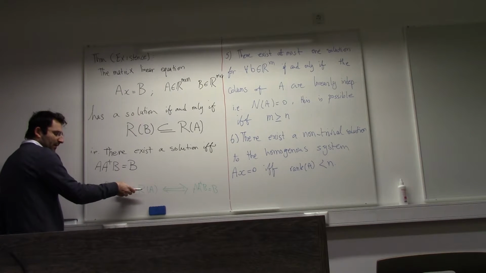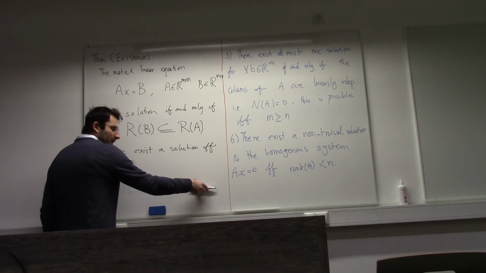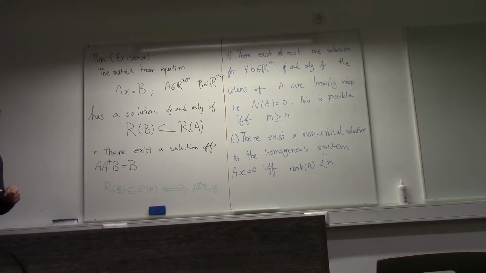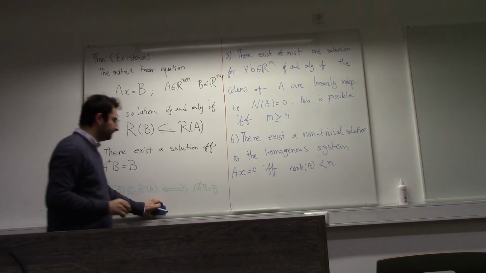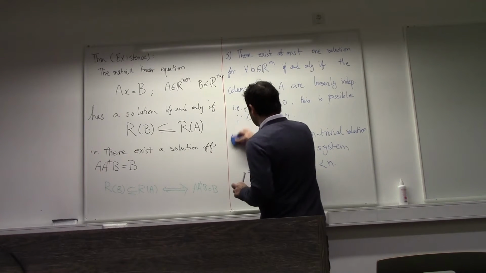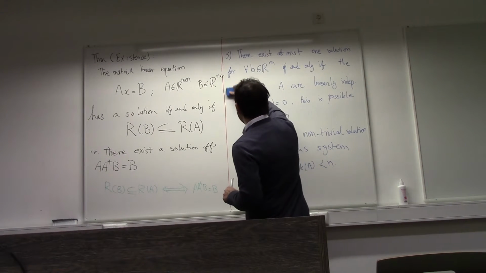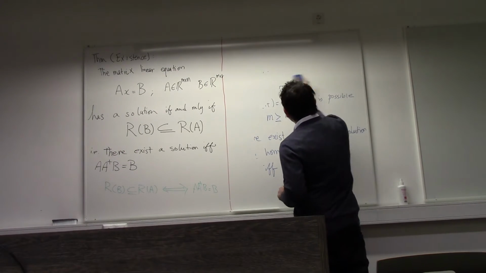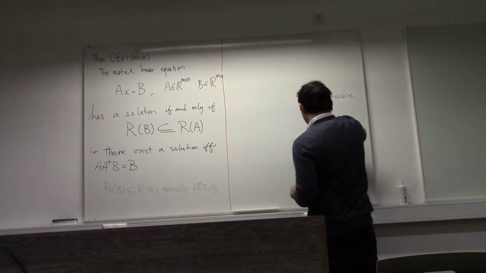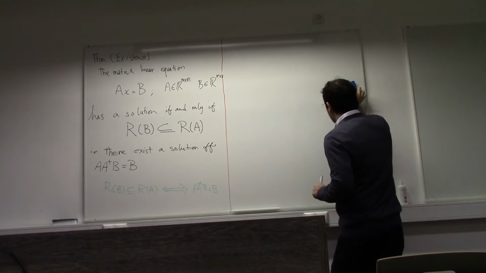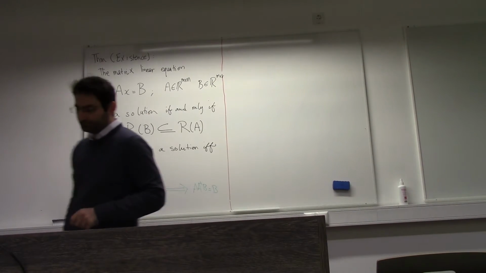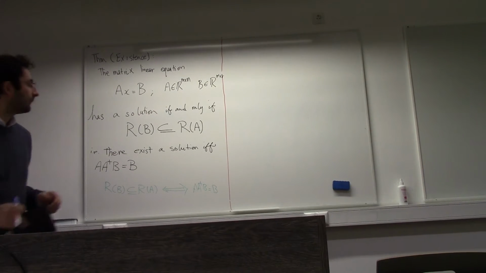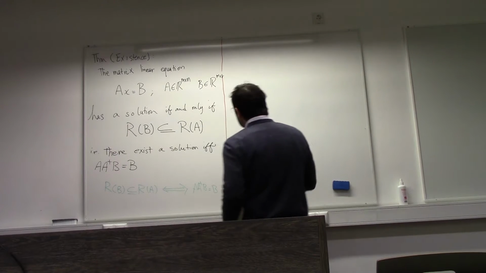First, you take this as true and prove this one, and then you take this as true and prove the other one, which we will do now. We start from left to right.